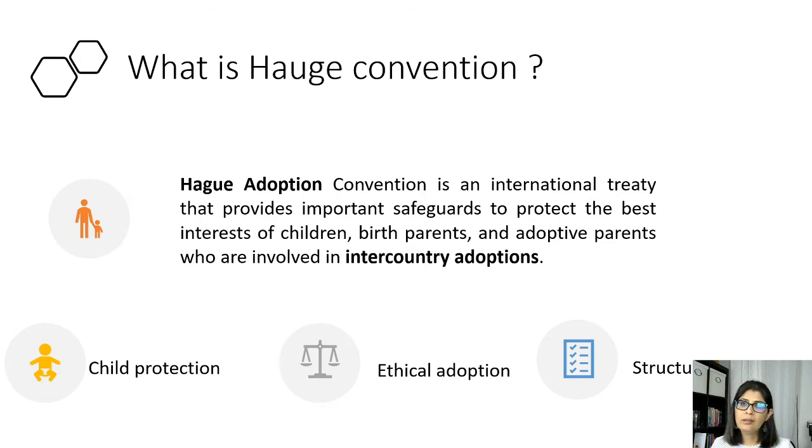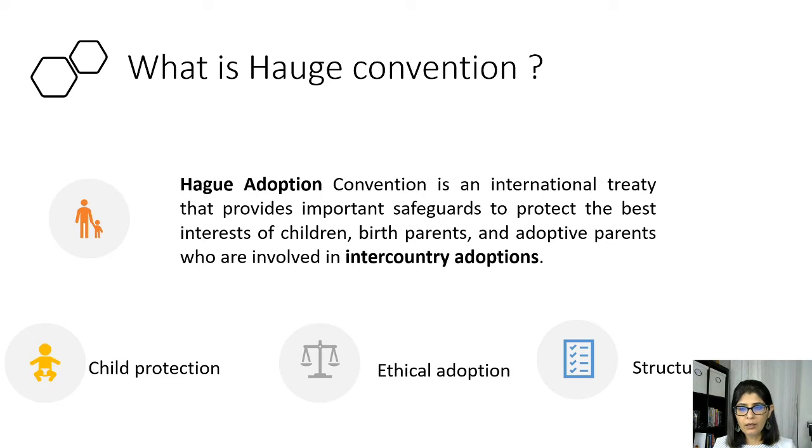The reason behind this convention was to ensure that the rights of the child, birth parent, as well as adoptive parents are well protected. The process is followed, basically, there are structures and rules in place. It's ethical, and the child is protected. When I say the child is protected, they want to make sure that the child is brought into a safe family, and if something goes wrong, the child can be extracted and brought back to their home country.